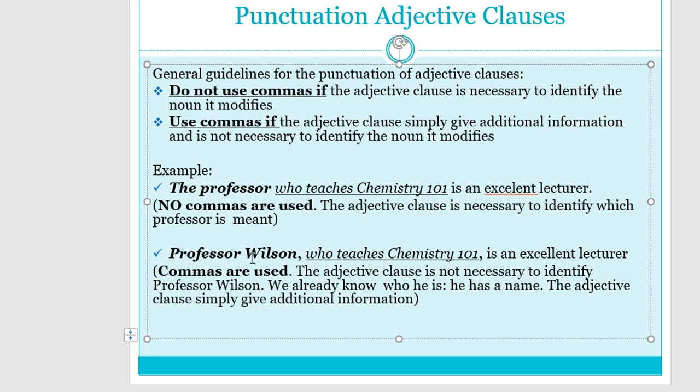And below, "Professor Wilson, who teaches chemistry 101, is an excellent lecturer." Commas are used. The adjective clause is not necessary to identify him. It means I already defined who Wilson is, but in the first sentence "the professor" is still ambiguous, there is no exact or definite name, and that's why I have to keep it without commas.